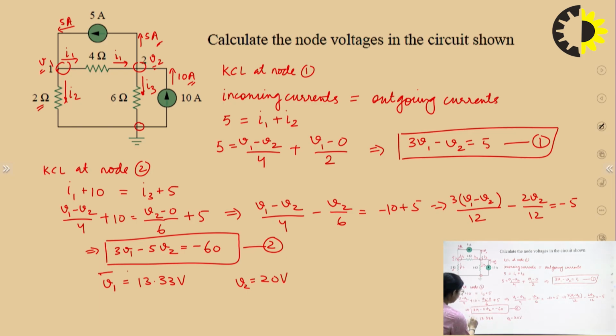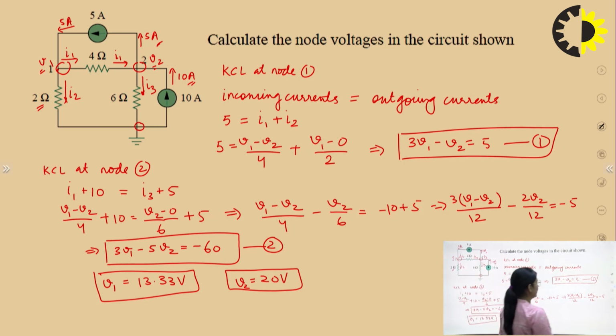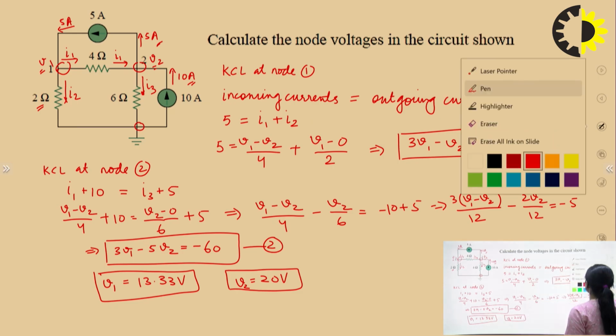So now you get the node voltages for this circuit. V1 is 13.33 volts and V2 is 20 volts. Now, whatever parameters are asked in the exam, you can calculate those parameters.